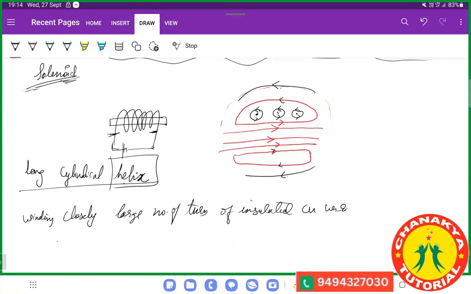Now in this one, when electric current passes through it, it will produce a magnetic field as shown on the right side of our screen. Let's name it figure B. This is figure A. Let's name it like that.